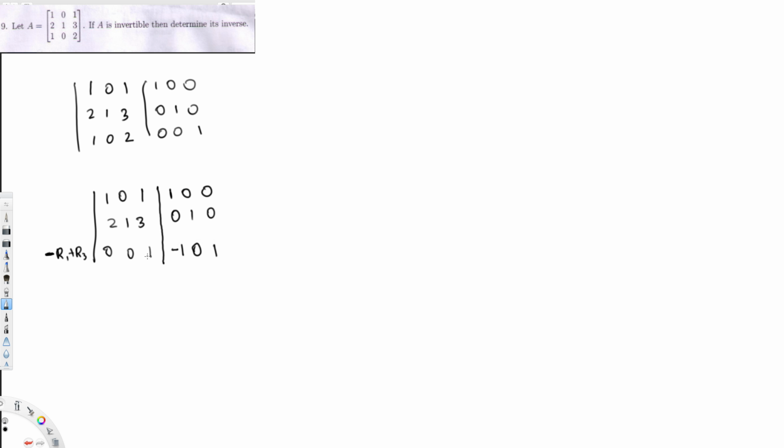Now we reach the Gauss-Jordan pattern in the bottom. Now we have to eliminate the second one. To eliminate this second one, I can multiply the first equation by -2 and add it to the second equation.